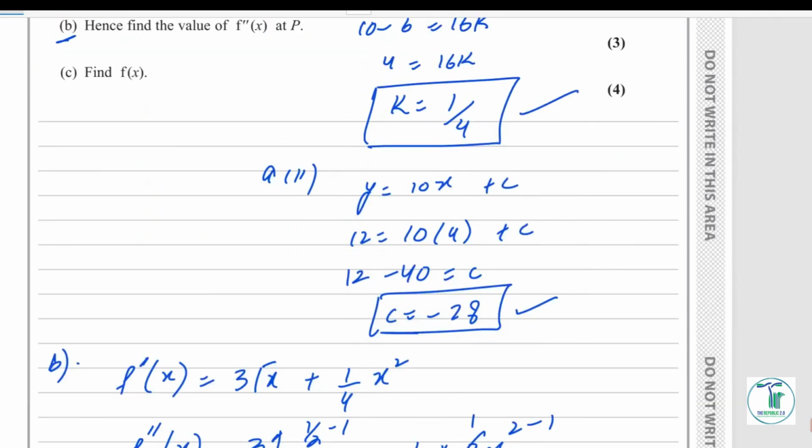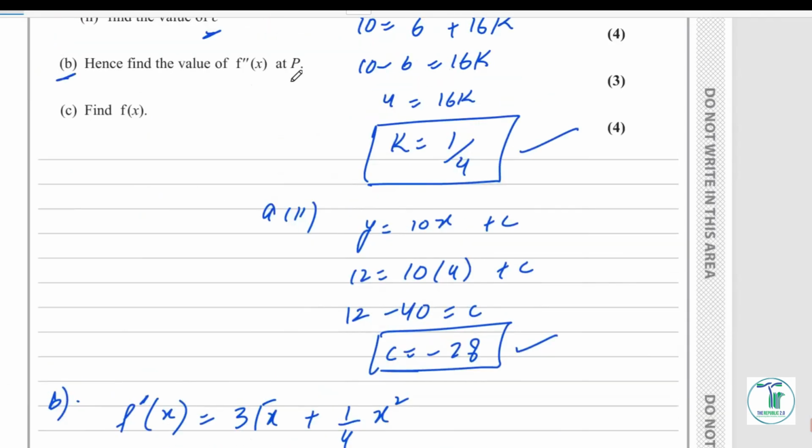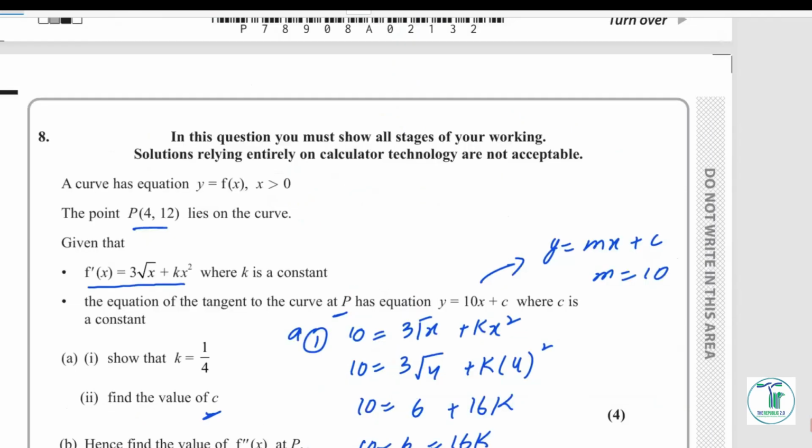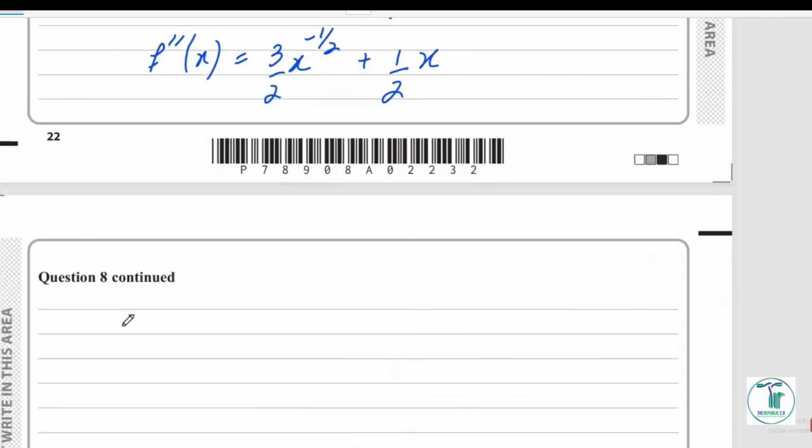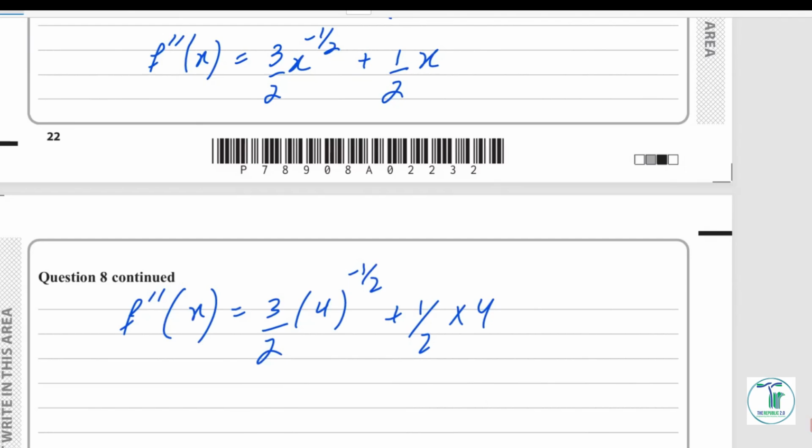The thing is that we need to find the second derivative at the point P, and point P was 4 and 12. So I'm just going to plug that in as well. So f double dash x is equal to 3 by 2 times 4 to the power of negative 1 by 2 plus 1 by 2 times 4. And now I'm just going to work this down.